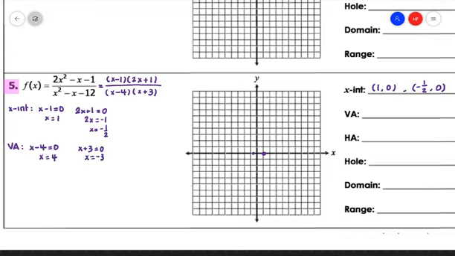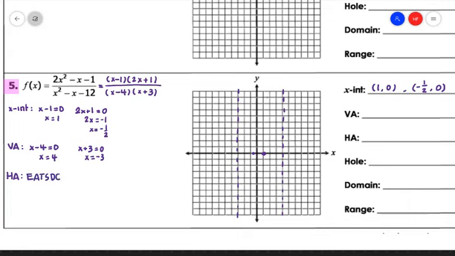So we'll draw those in. Positive 4 and negative 3. So we have two vertical asymptotes. And then our horizontal we find by the degrees. They are the same, so that's the ratio of leading coefficients.